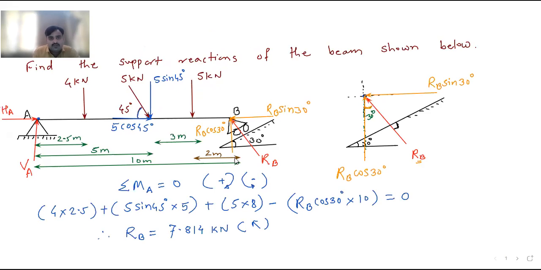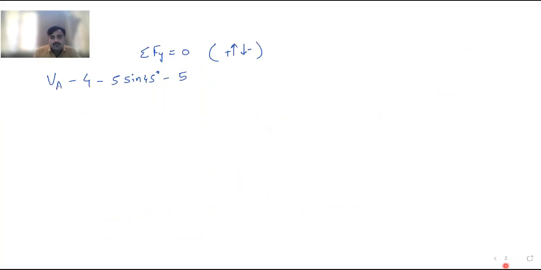Then what is remaining now? Here you can see this RB cos 30 is moving upward, so it is positive. And the value of RB we can keep over there. So plus RB cos 30 equal to 0.